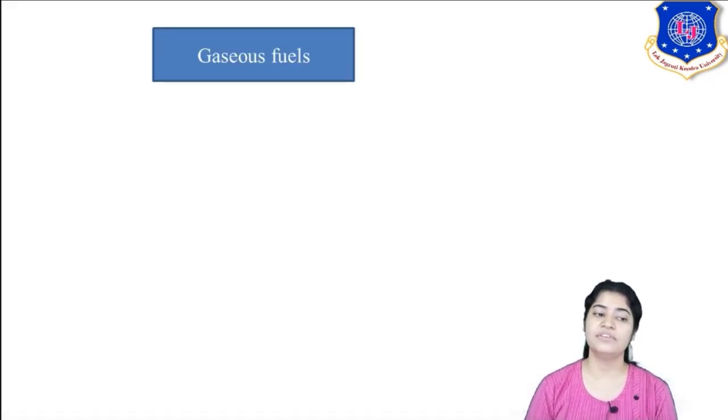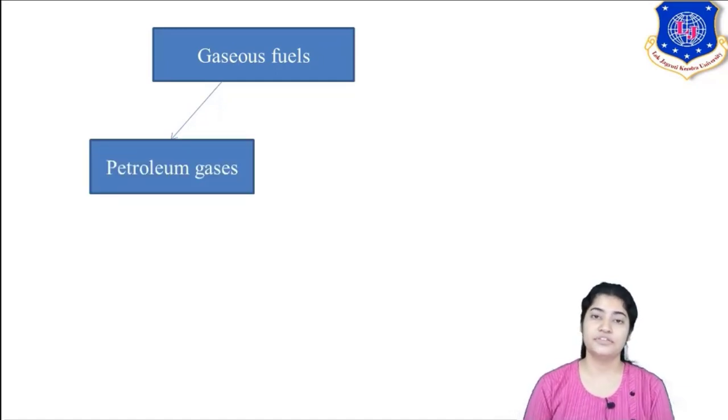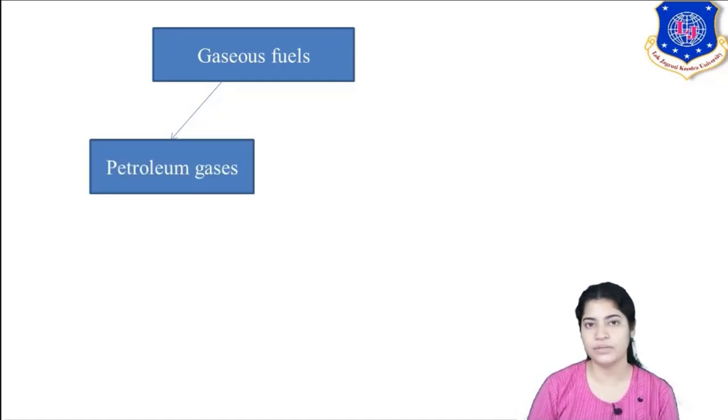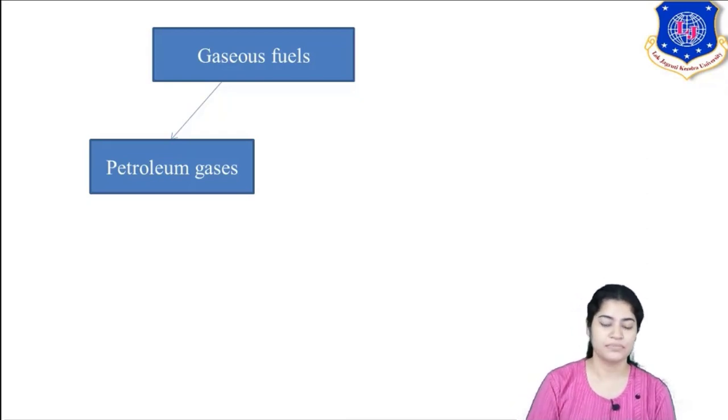Now starting with the first category, we are starting with the gaseous fuel. Your gaseous fuels are divided into, first, petroleum gases. The gases which you get from the petroleum industry itself are called petroleum gases.